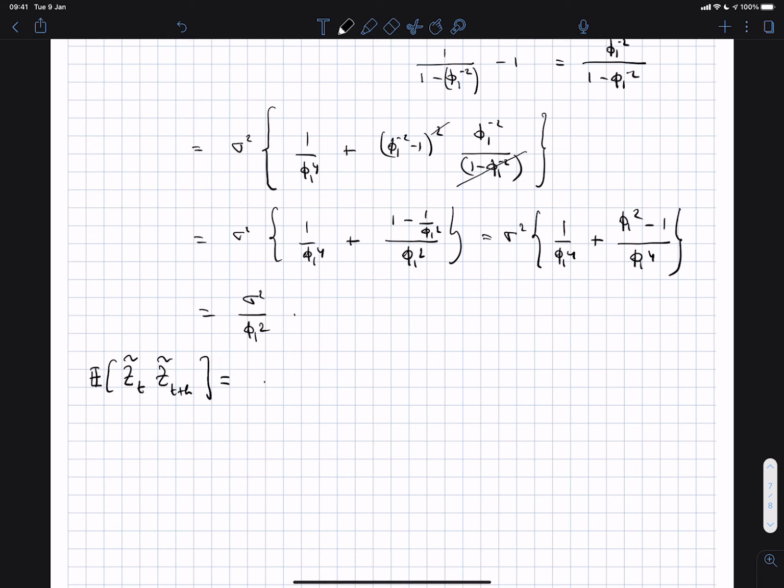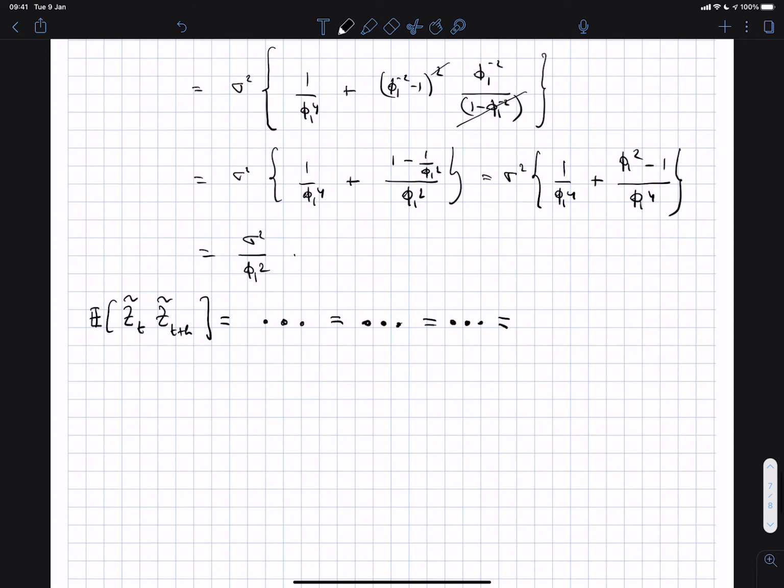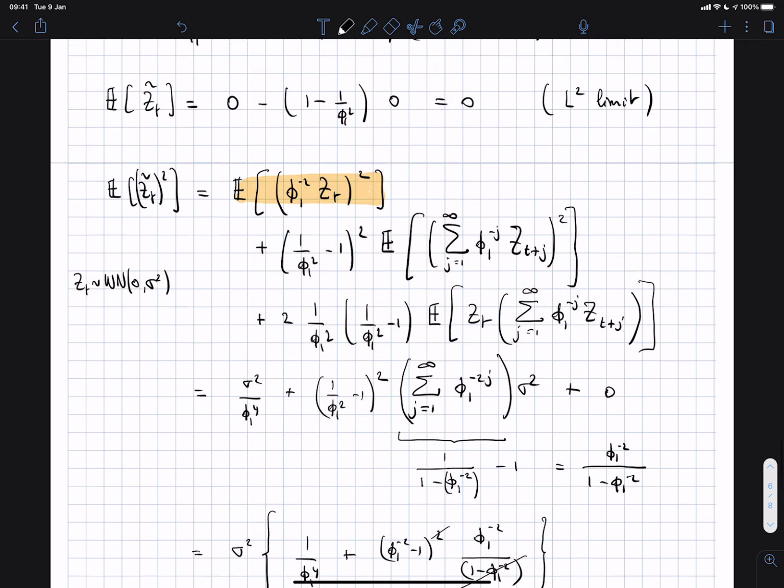You just replace by what you need to replace, and then you be courageous. So I'll put 3 dots followed by 3 dots followed by 3 dots. And somehow miraculously everything cancels out. I like when things happen nicely. And then you're left with 0. I didn't see any obvious argument why it would be 0; for me, it's just computations.